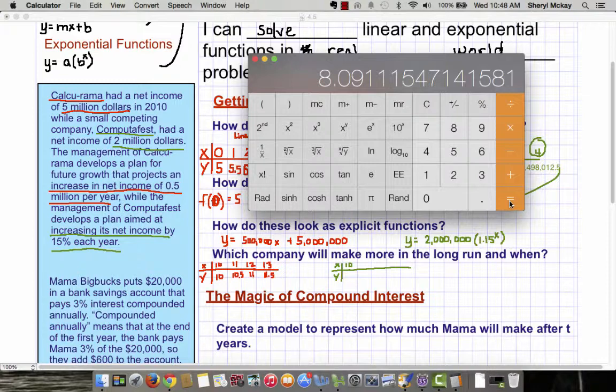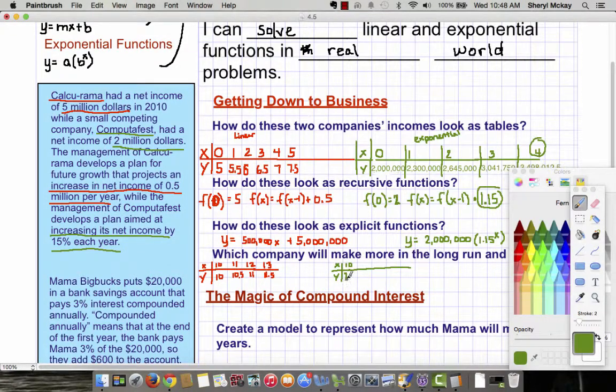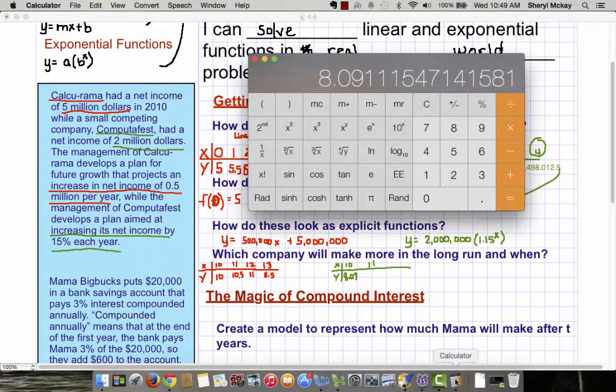So I don't have to do all those big numbers. So I'm going to put 8.09, okay? 8.09. Then in year 11, I could do the same thing, or I'm just going to multiply it times 1.15, because it's just another 1.15, and that gives me 9.30 million.